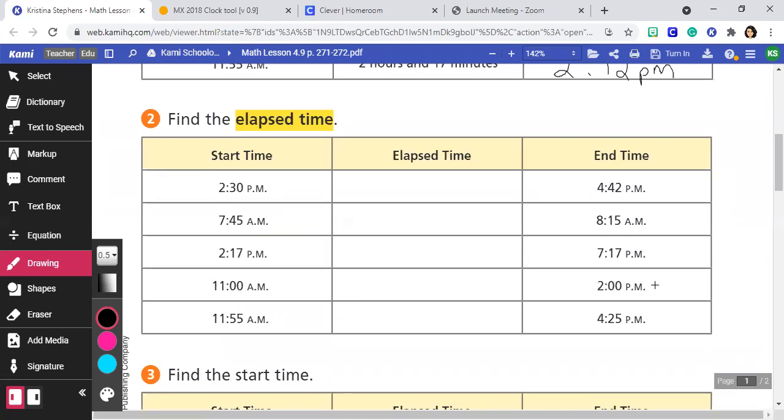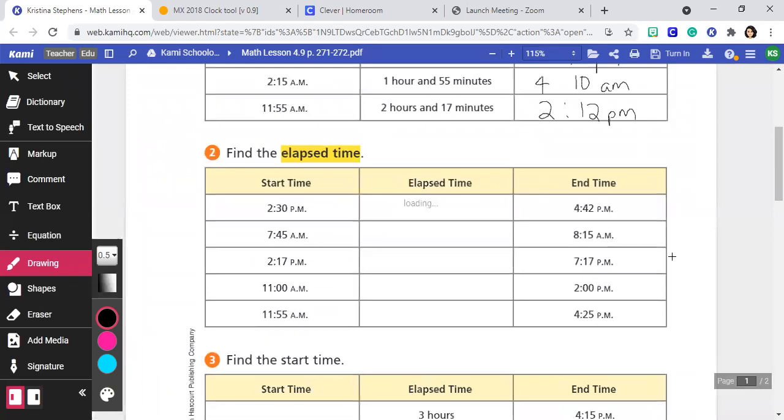So if I'm ending at 4:42 p.m. and I started at 2:30 p.m., how much time went by?